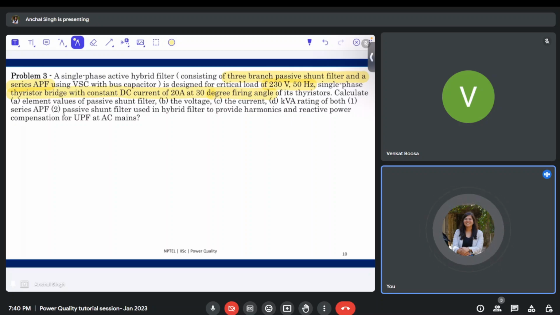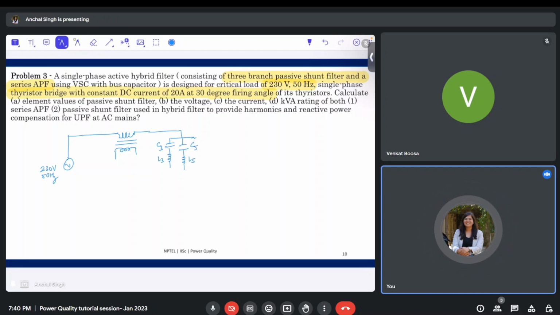If you draw the diagram of this particular topology, it would look something like this. A 230 volt 50 hertz standard sinusoidal power supply is given to this circuit, and then there is a series active power filter and a shunt passive filter. In the passive filter, there is a capacitor and an inductor. Let me call them C3 and L3. Then there is C5 and L5.